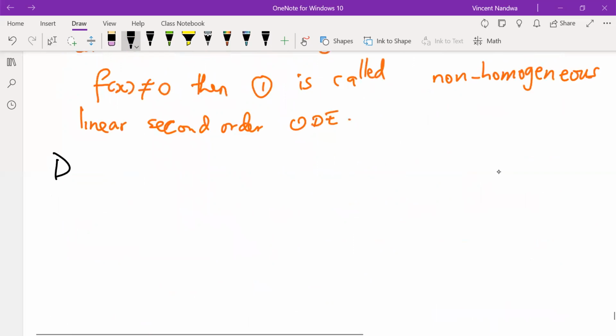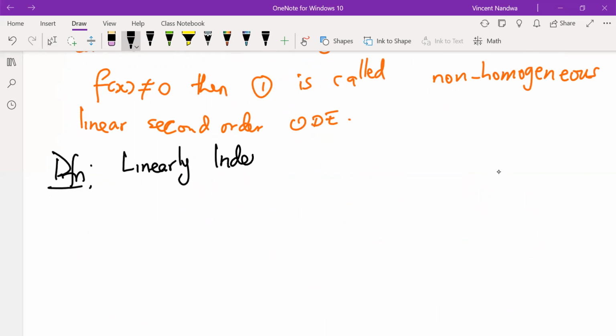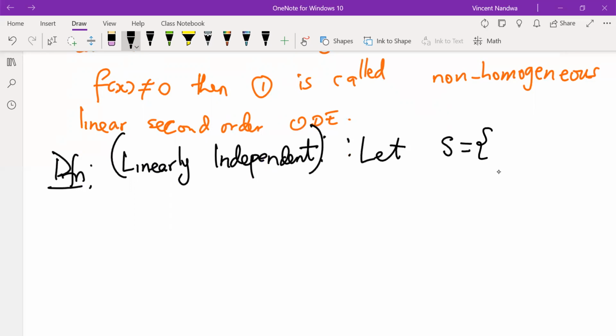So let's give a definition of what we call linearly independent functions. So let a set S have two functions, f1 of x and f2 of x.